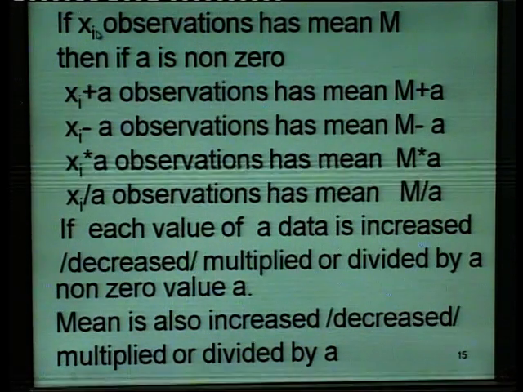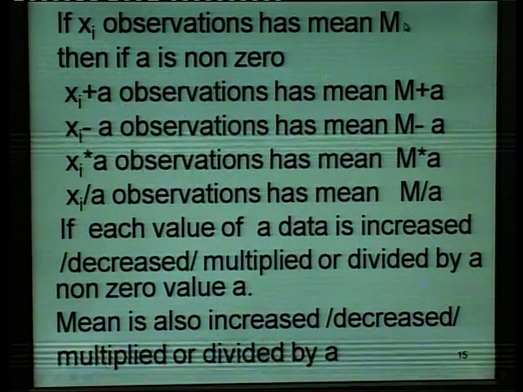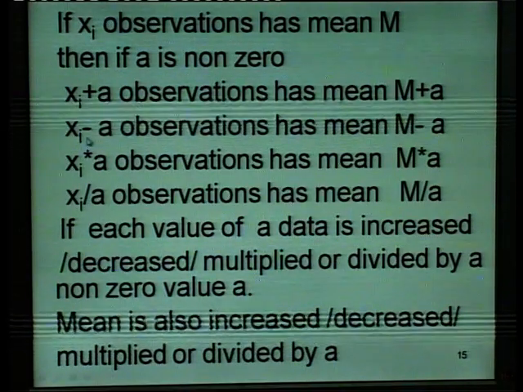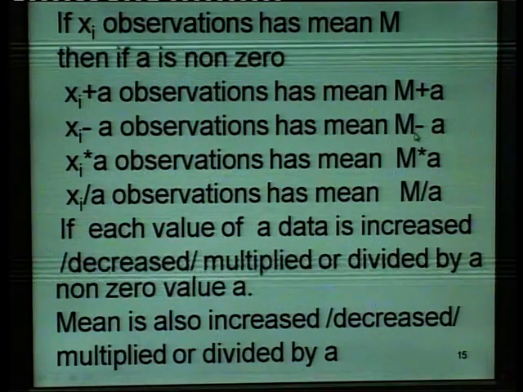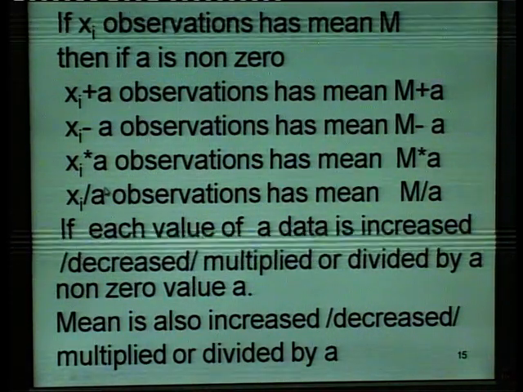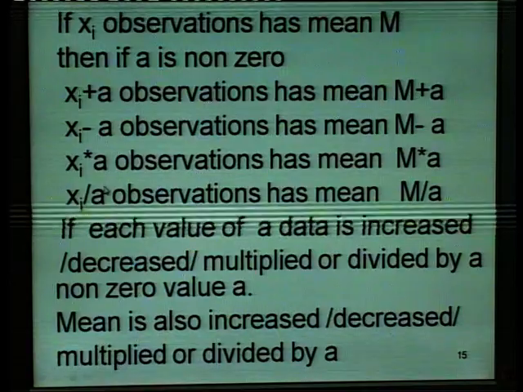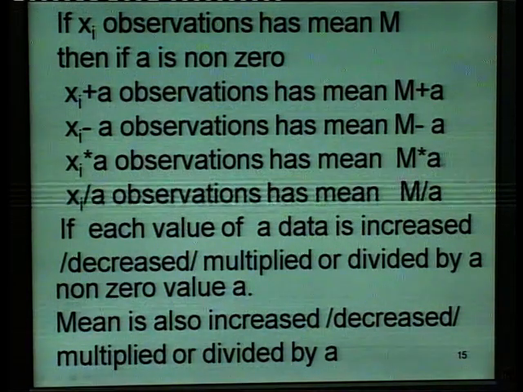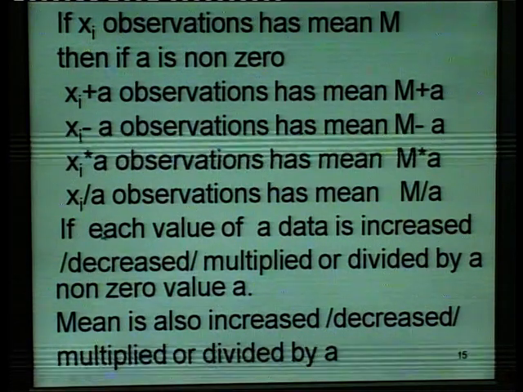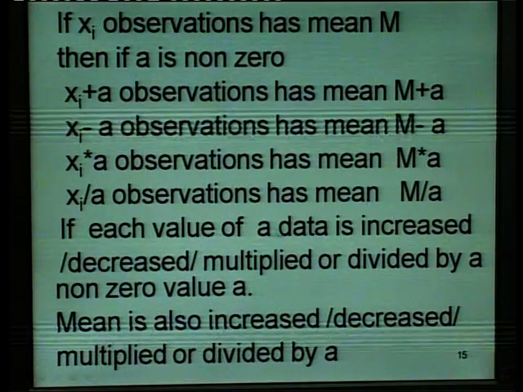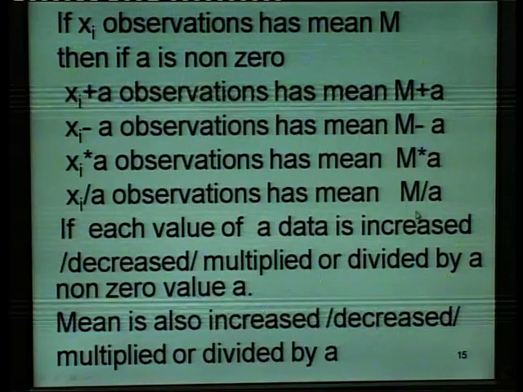If we add a to each observation, mean is also added by a. Similarly, if we subtract a from each observation, mean will also be reduced by a. If we multiply each observation with a, mean will also be multiplied by a. If we divide each observation by a, mean will also be divided by a.